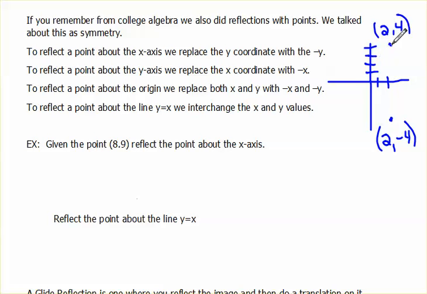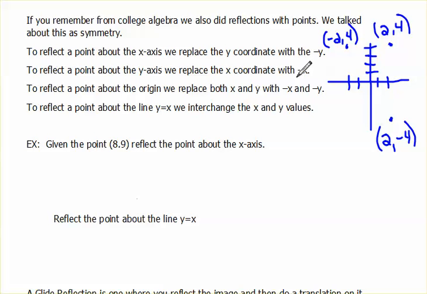If I want to flip this point across the y-axis, then that would put me right about here. So if I name that point, that's the point negative 2, comma 4. So in order to reflect a point about the y-axis, we replace the x-coordinate with negative x, or the opposite x. We don't always want to think about this as being just negative.